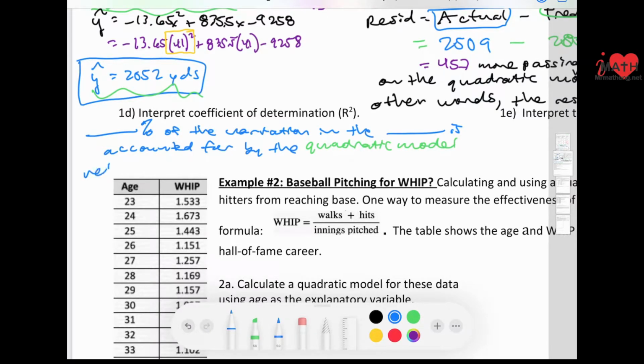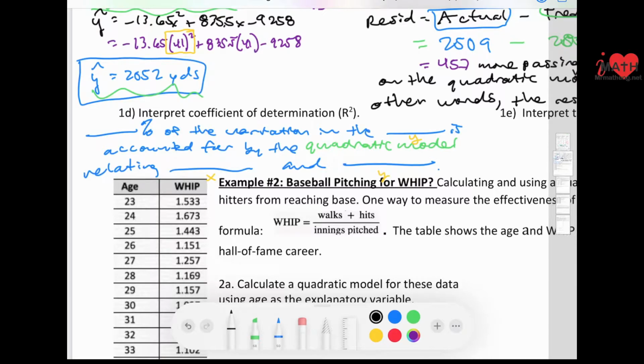relating blank and blank. And don't forget, we have a percentage there, and this is our response, and this is your explanatory. So what can we put in there?